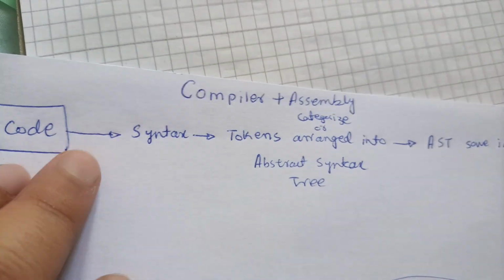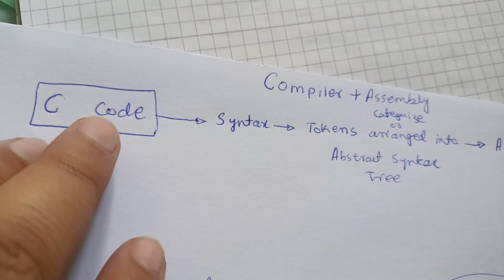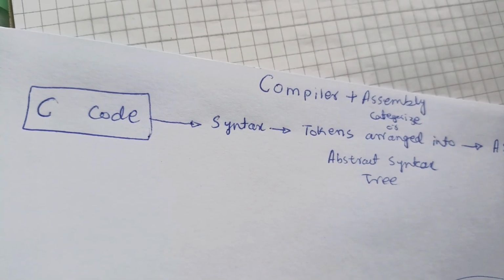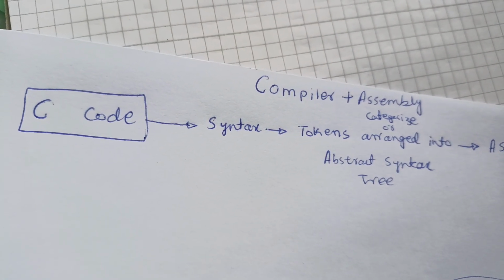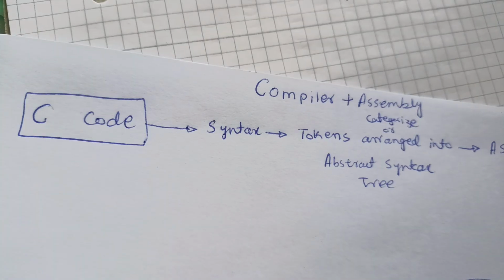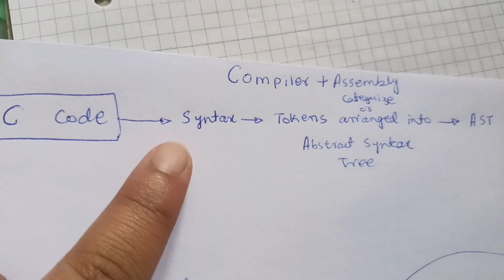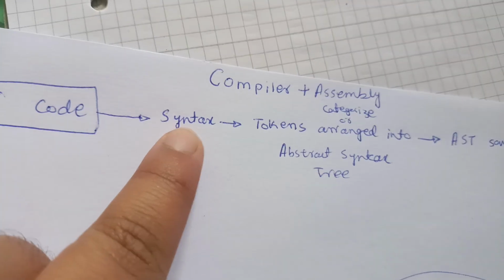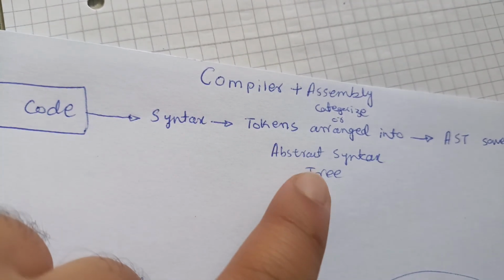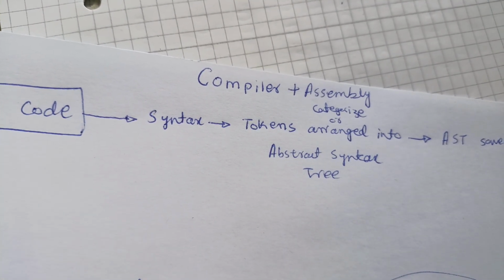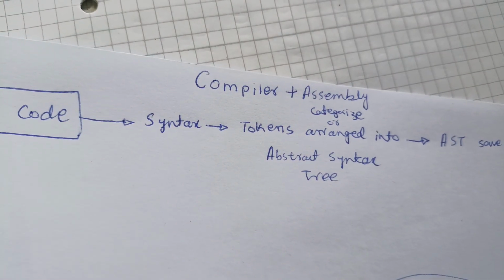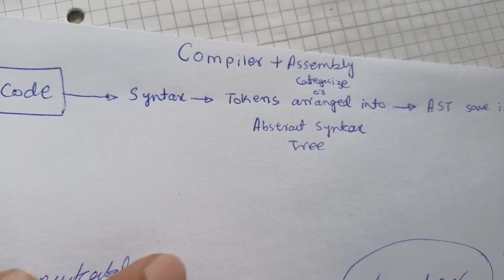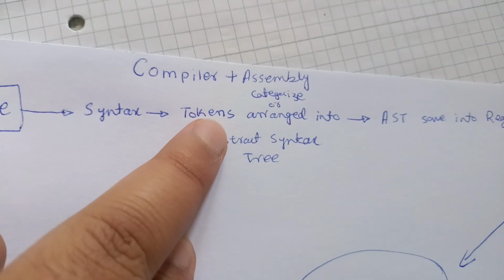In the compiler, what happens is you have C code where there are variables, integers, numbers, strings, all of those things. These follow syntax. The compiler breaks down all those variables, strings, integers, and many other data types into tokens.